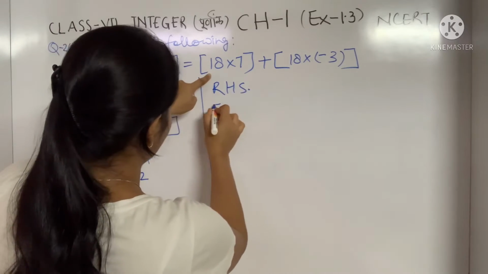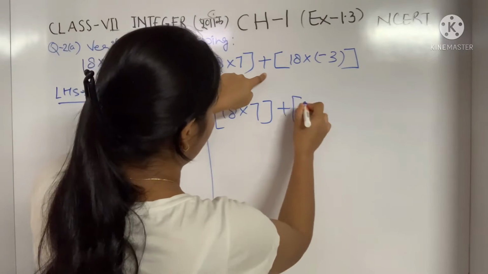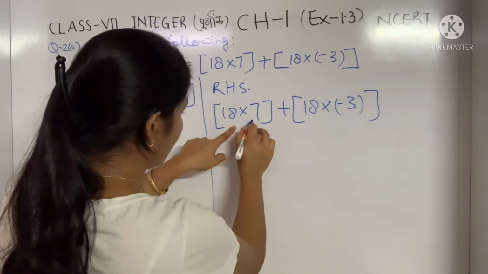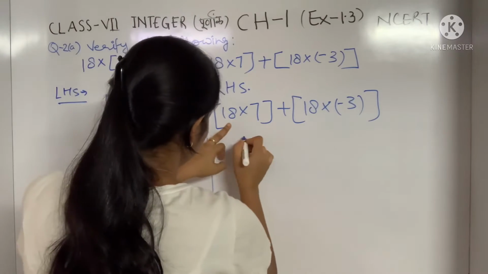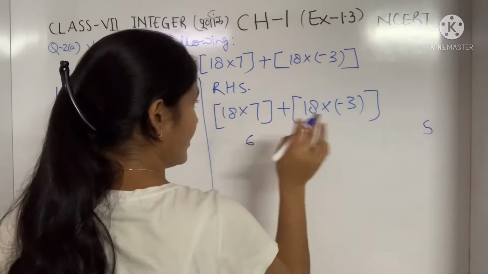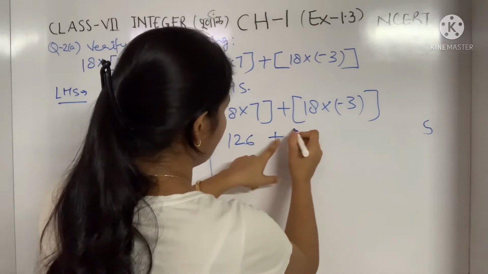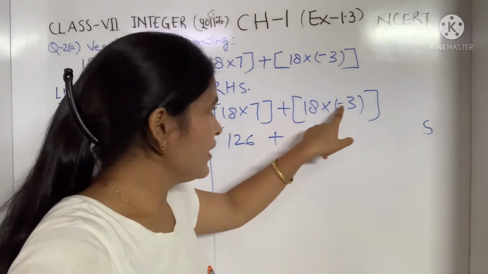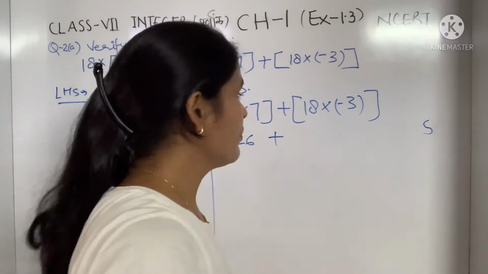In the right hand side we have 18 multiplied with 7 plus 18 multiplied with minus 3. 18 multiplied with 7: 8 sevens are 56, 6 here, 5 we carry, and 1 seven is 7 and 5 is 12. So 126. Plus 18 with a plus sign, no sign means plus sign, and here is minus 3, so plus times minus after multiplication gives us minus.